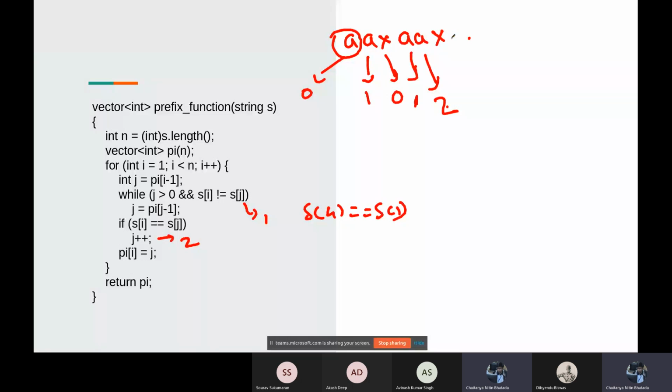Now in here, we go j equal to 2, as j is greater than 0. But here s of 5 is equal to s of 2, as j is 2 here. So we don't go here, we just go directly here, increase j and put the pi value 3.